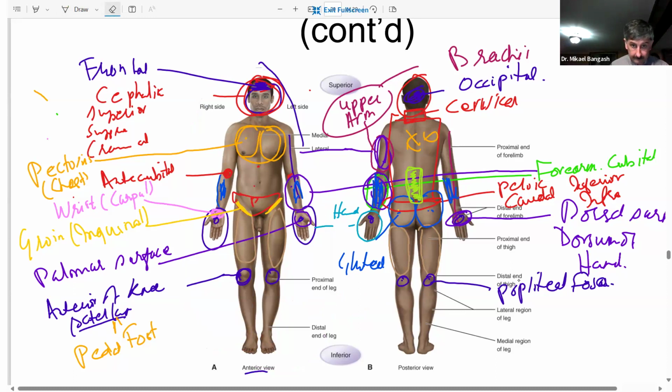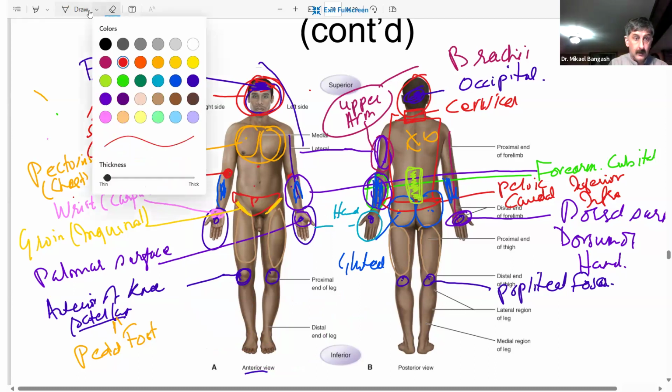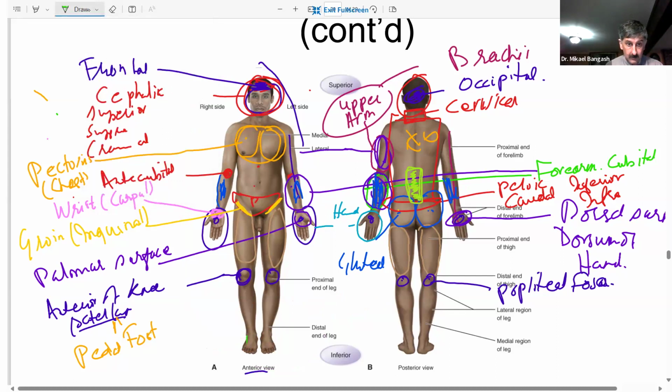Now, with that said, guys, just look here. This surface of your foot is what we call the dorsum of the foot.